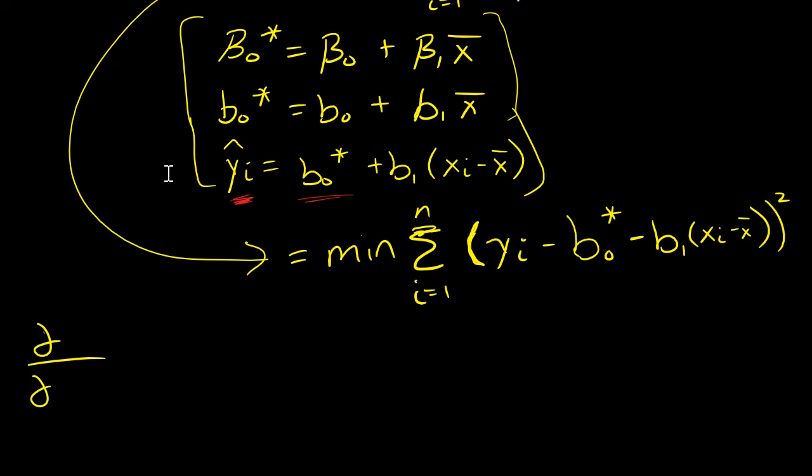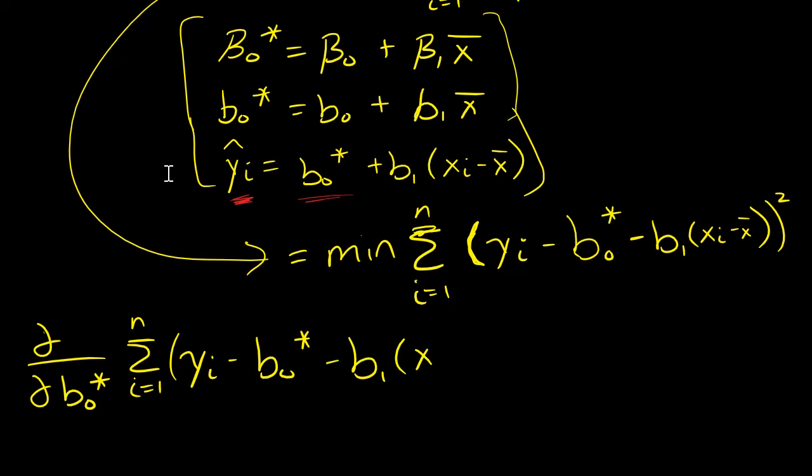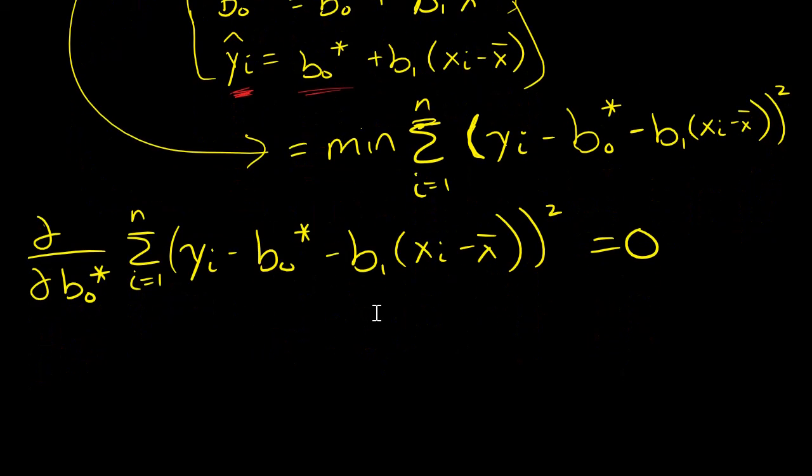The partial derivative with respect to b0 star of this sum, y_i minus b0 star minus b1 (x_i minus x bar), squared, set equal to 0. To find the derivative, let's use our chain rule.